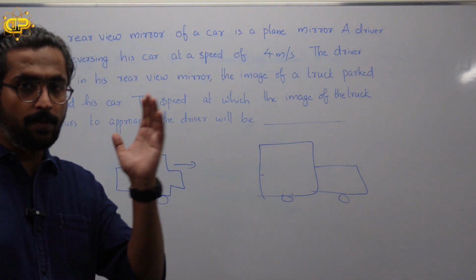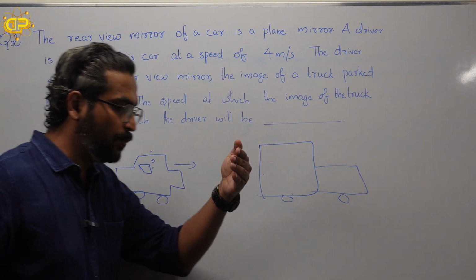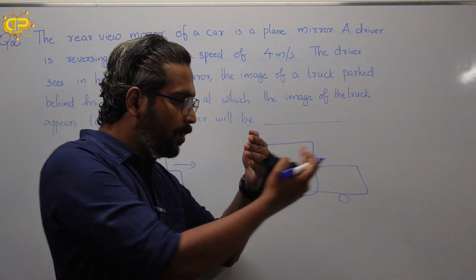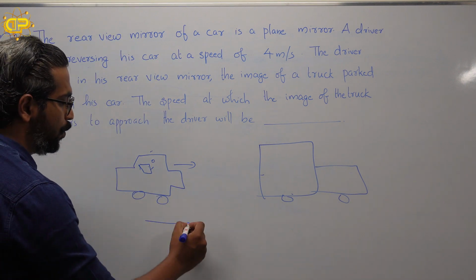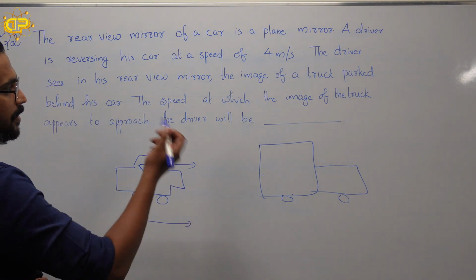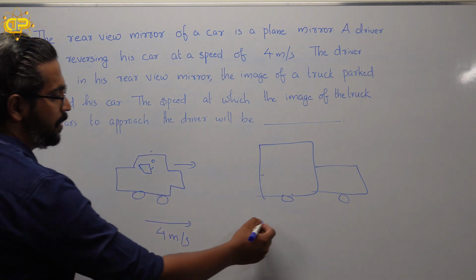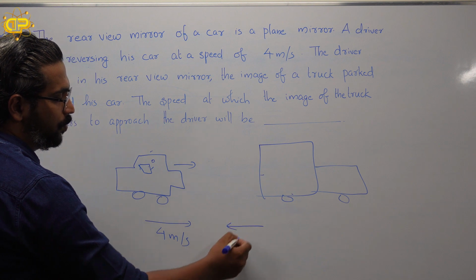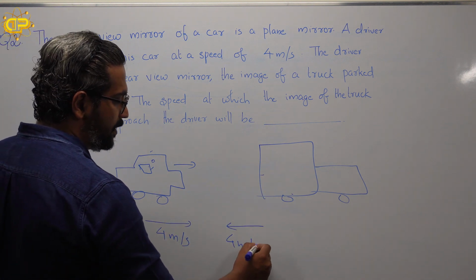Why? Because if I keep a mirror here and I move forward, my image will also come forward. So definitely this car is moving backward at a velocity of 4 meter per second. Then the image of this truck will also move towards the mirror at 4 meter per second.